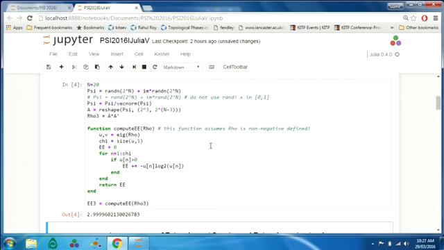Now, what's the maximal entropy we could have in 3 qubits?